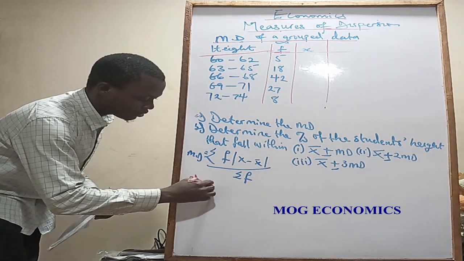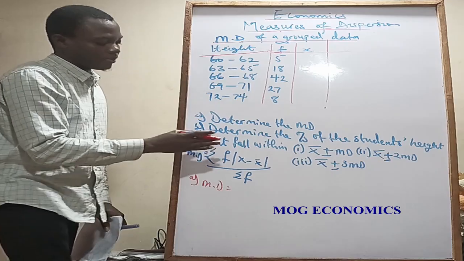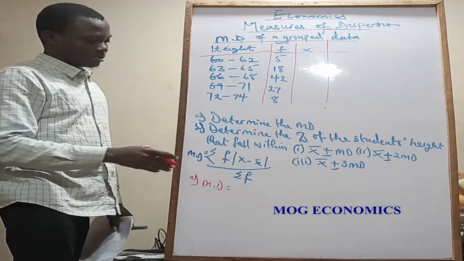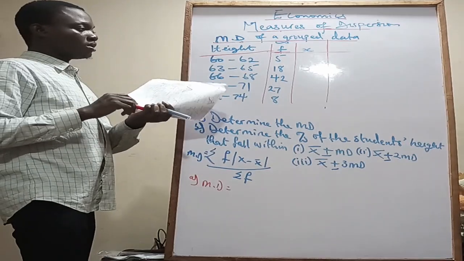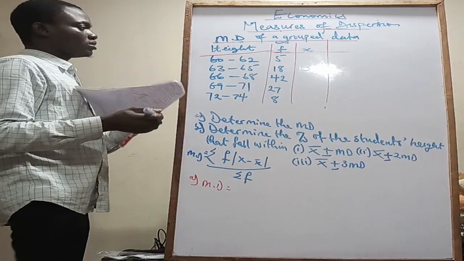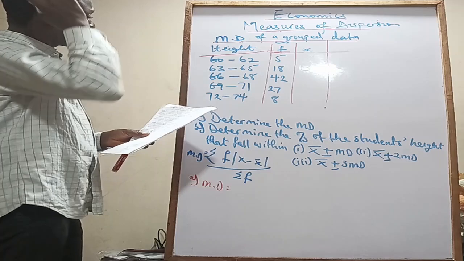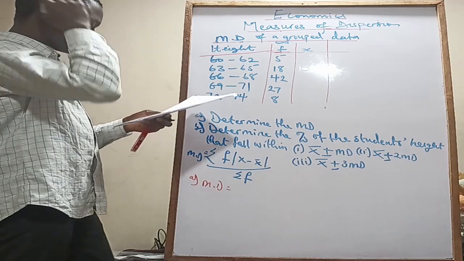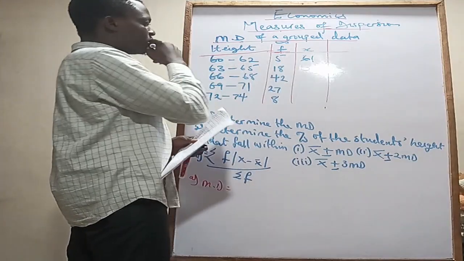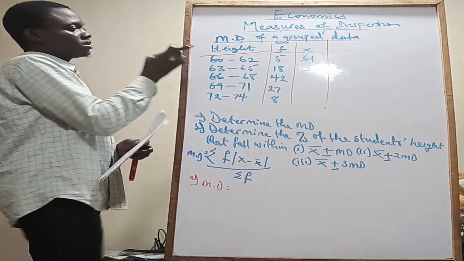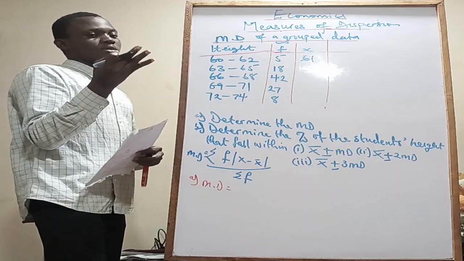So our mean deviation for this question is going to be the sum of f times absolute x minus bar x. So let's first get our x. Our x is going to be the midpoint: 60 plus 62 is 122, divided by 2. That should be 61. Okay, then 60, 61, 62. That is 3.